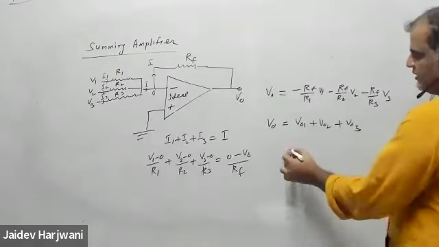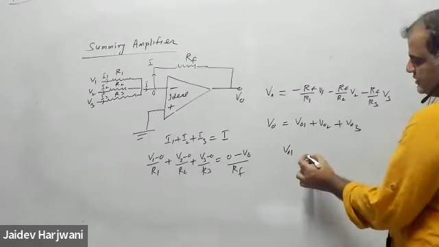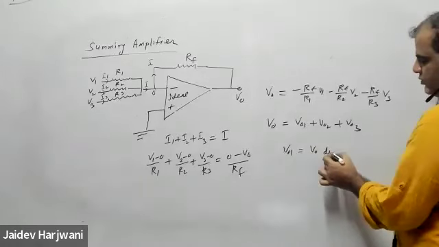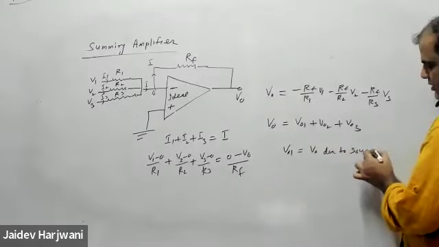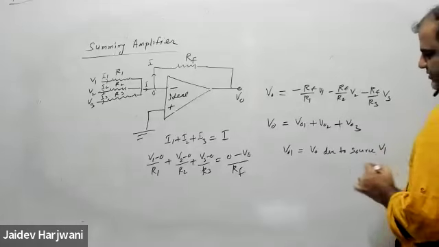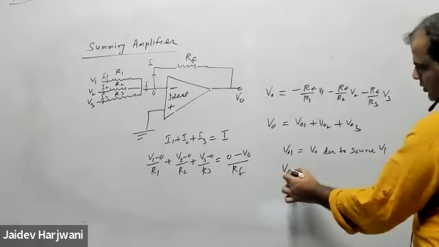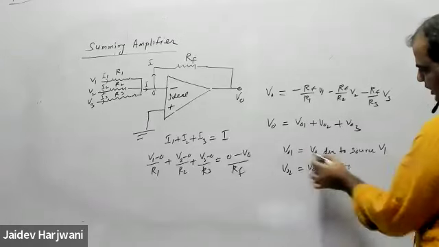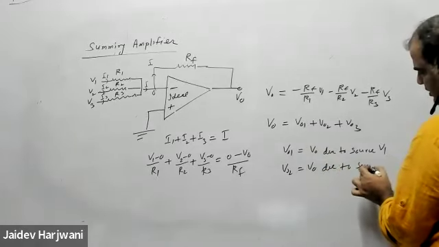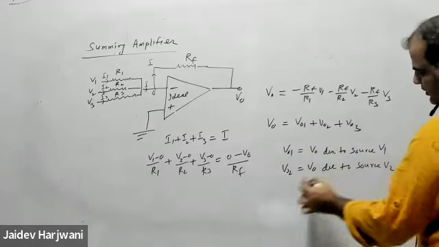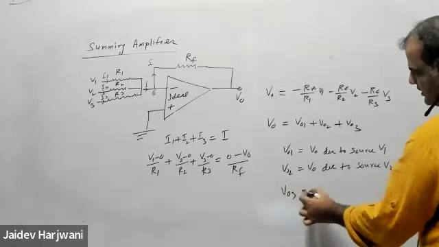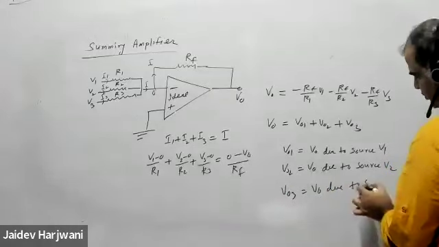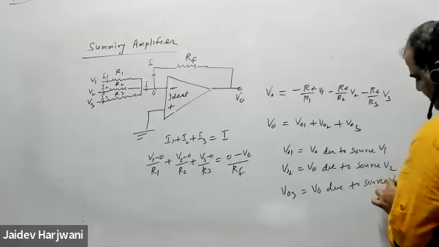Now what is V01? V01 is the output voltage V0 due to source V1. Similarly, V02 is the contribution to V0 due to source V2, and V03 is the contribution to V0 due to source V3.